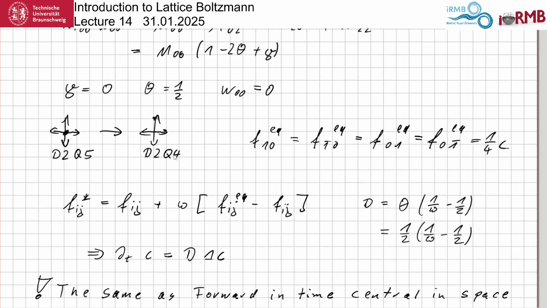So we have D2Q4, we have the weights, so we have the equilibrium, and you are done. That's it. The idea is to discretize in space and time, and here we took the discretization in space from the lattice Boltzmann equation. That is what we already have, and now we specify the parameters of our model.